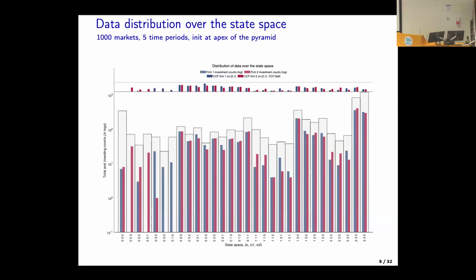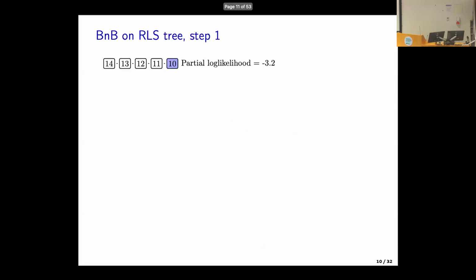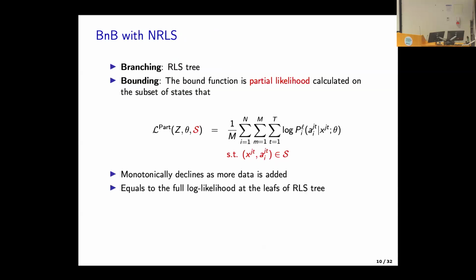So if you think of it as working backwards as you did before, but then your equilibrium selection mechanism is going to be informed by the likelihood. Yeah, exactly. Now, does it have the monotonicity property? As I include more points in the state space, I'm calculating the likelihood of additional data. It will decline, right?